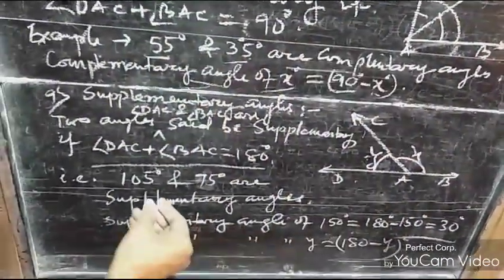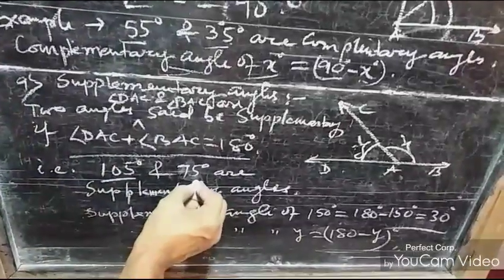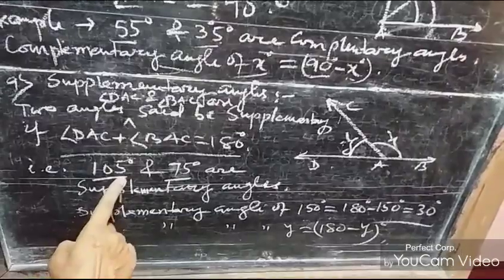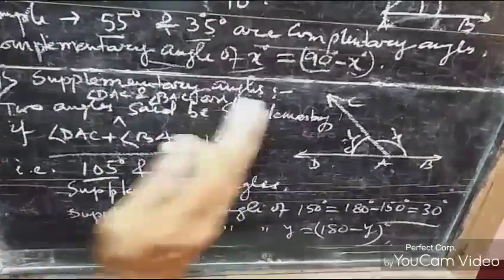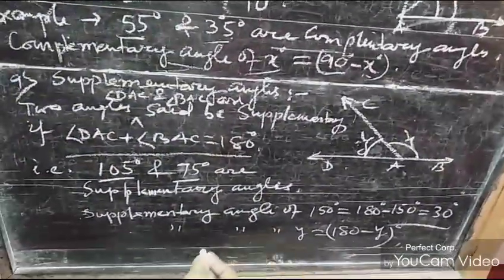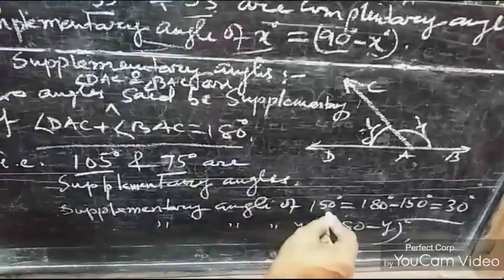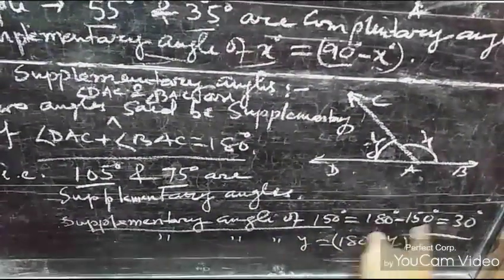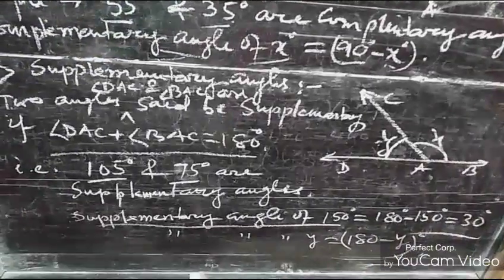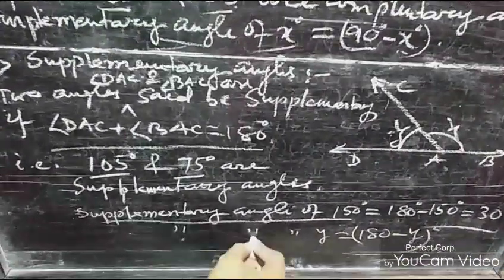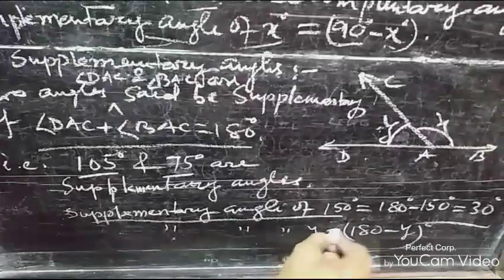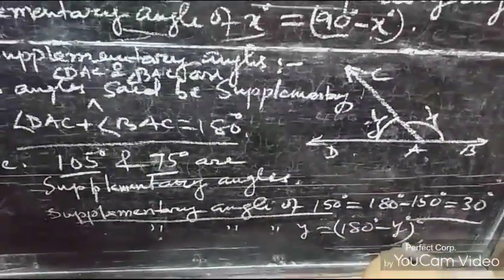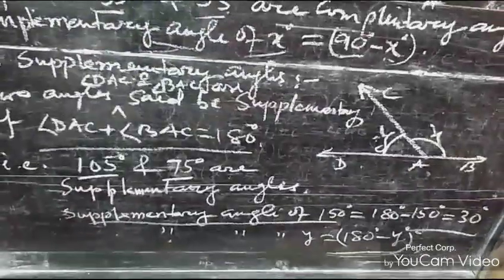Suppose 105 degree and 75 degree are supplementary to each other because the sum of these two angles is 180 degree. Now the supplementary angle of 150 degree will be 180 minus 150, that is 30 degree. The general form is that the supplementary angle of any angle y will be 180 degree minus y degree, and this is actually called supplementary angles.